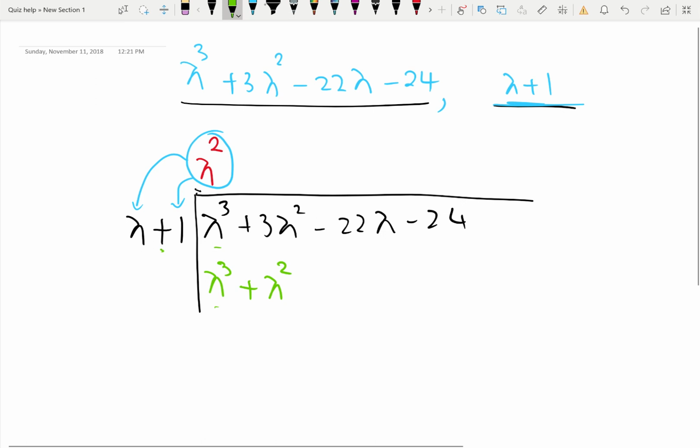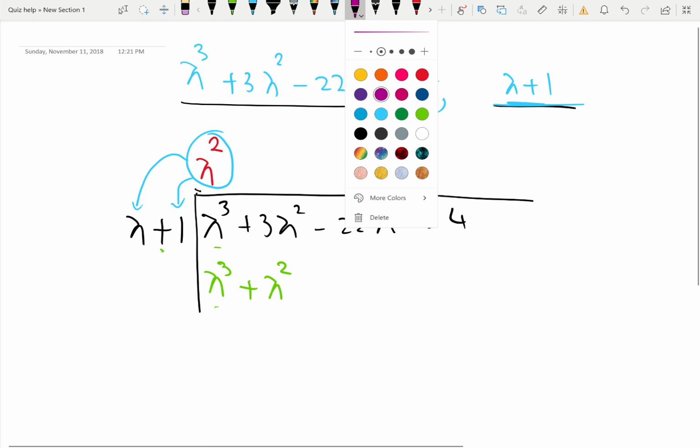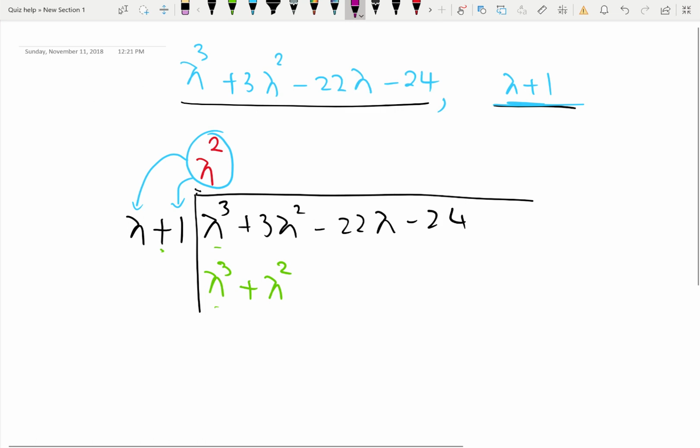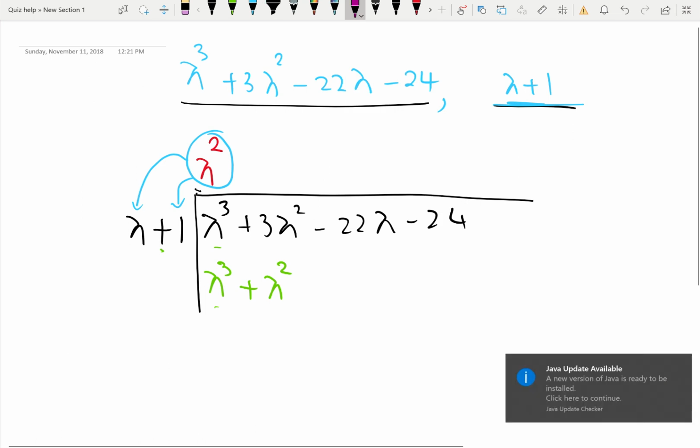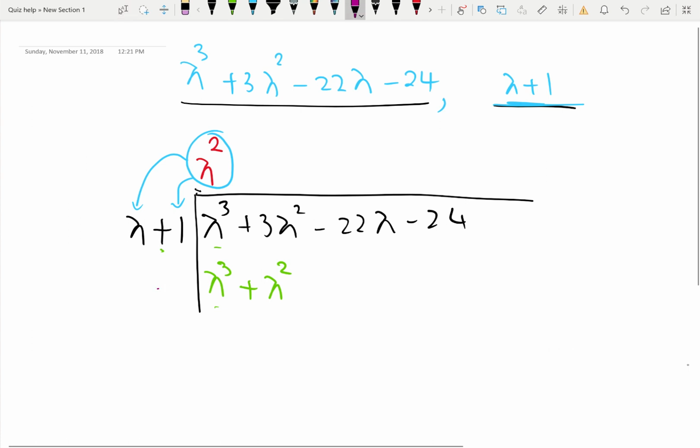Now here's the very important place that you might get wrong most of the time. This is where students get it wrong very famously. You want to subtract these two expressions. So now do the subtraction correctly.